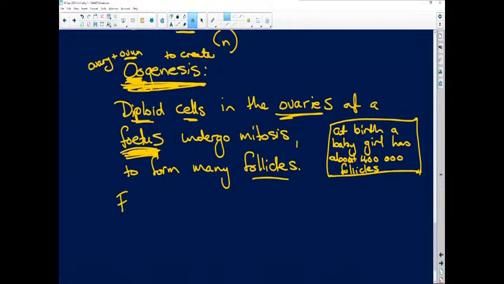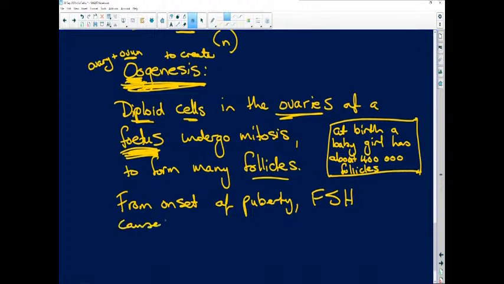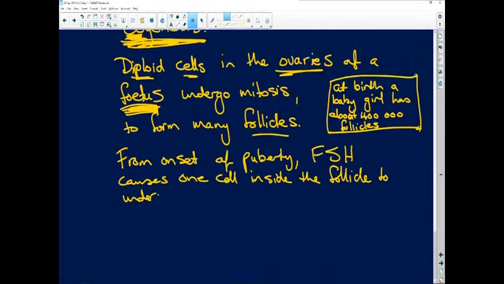Now, from the onset of puberty, follicle stimulating hormone, that's what it does, it stimulates the follicles, causes one cell inside the follicle to undergo meiosis. It's only one at a time, hey?